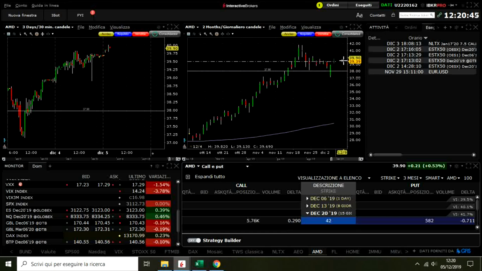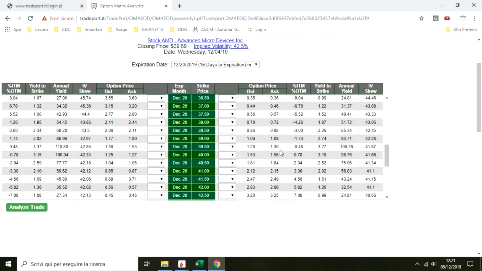It would be more or less the same price quoted now by the call that now is out of the money $1. And being the spot 39.69, the call out of the money $1 would be the 40.50, more or less. So let's go. What price has it? 1.04, 1.05.